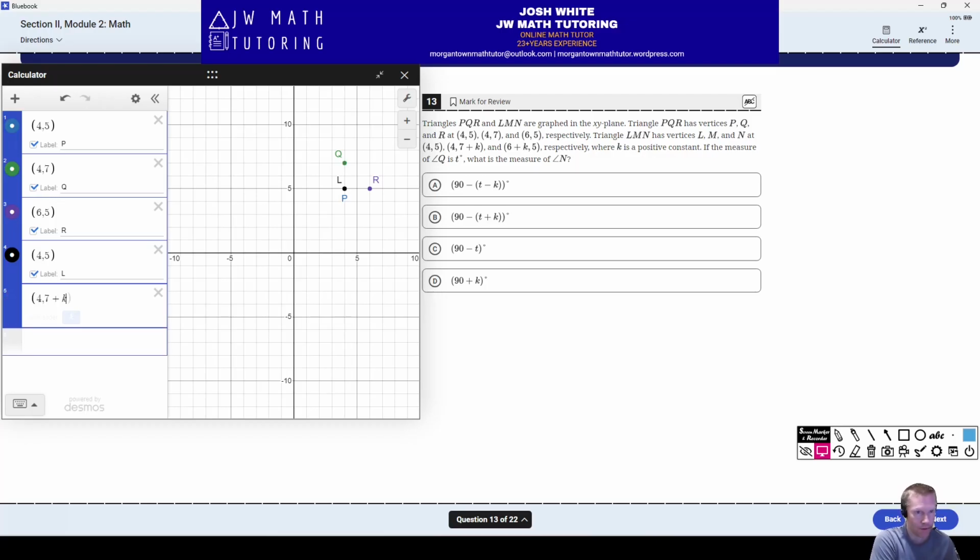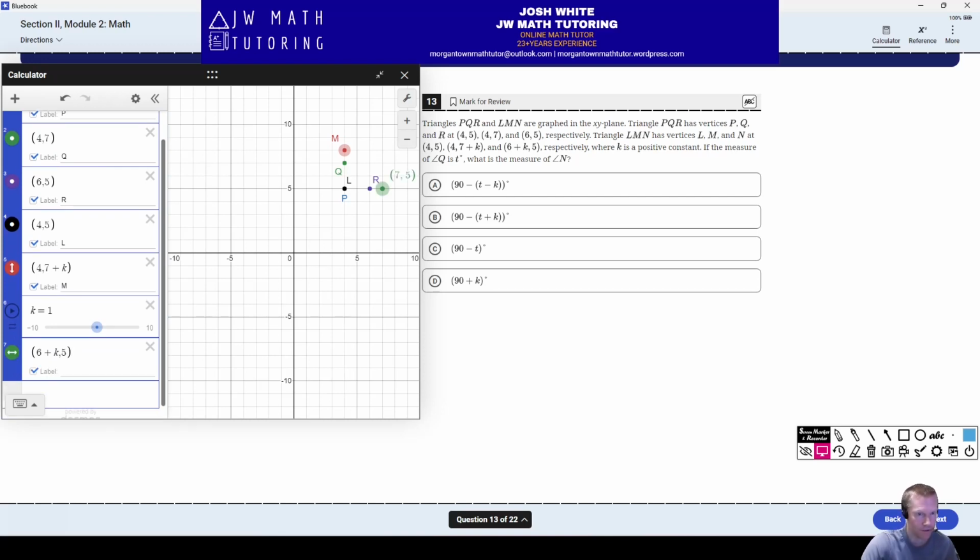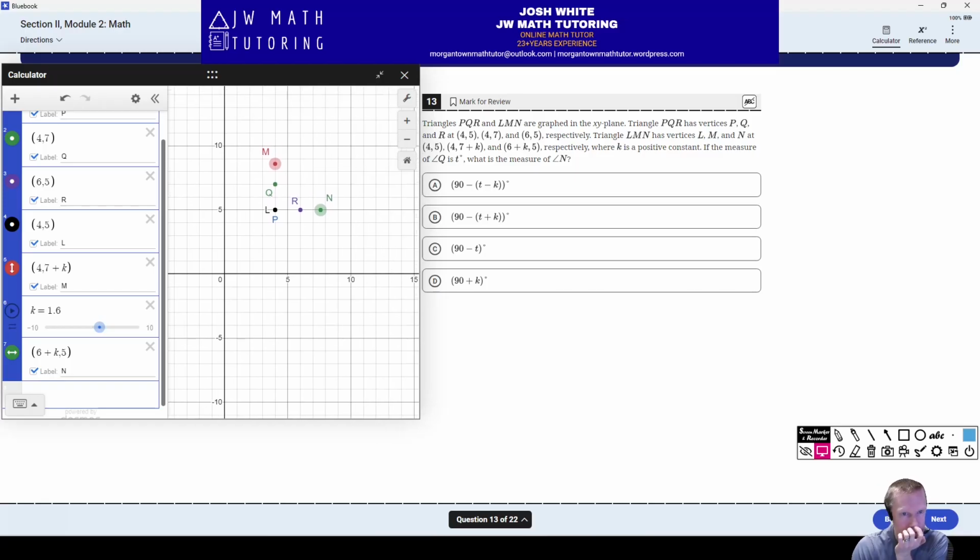And then 4 comma 7 plus K, that is going to be M. And then we also have 6 plus K comma 5, which is N. Okay, so as we move K, you can see what's happening in the picture, right? Basically, we have two right triangles, and you can slide. I mean, you have to keep K as a positive constant, so it's at least 0.0001 or bigger.